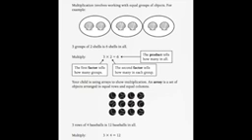So if we look at the multiplication problem, we would multiply 3 times 2 and we would get 6 as our answer. The first number, our 3, is the first factor and it tells us how many groups we have.